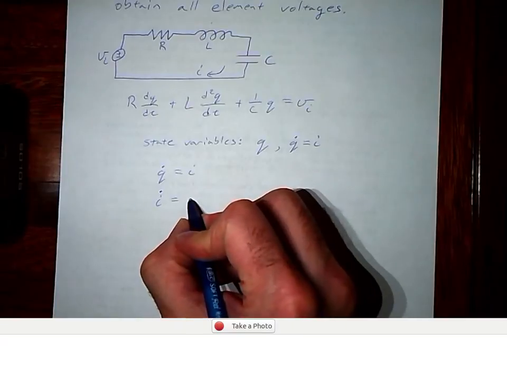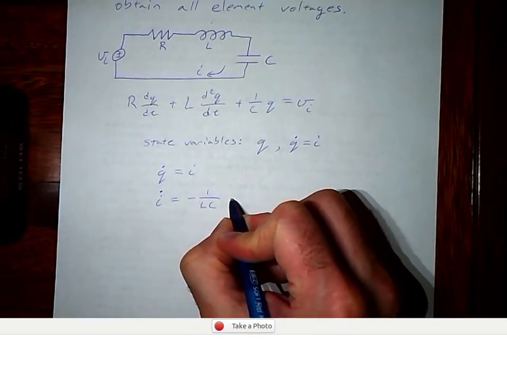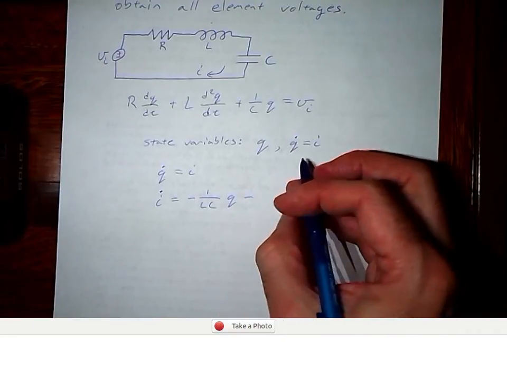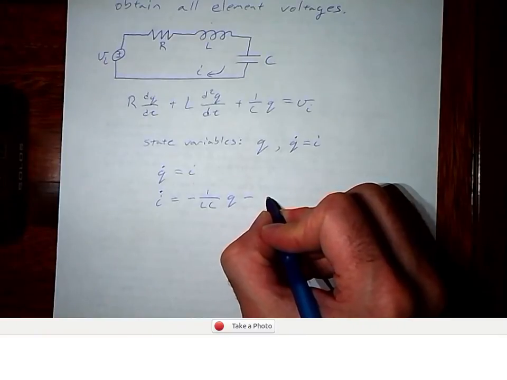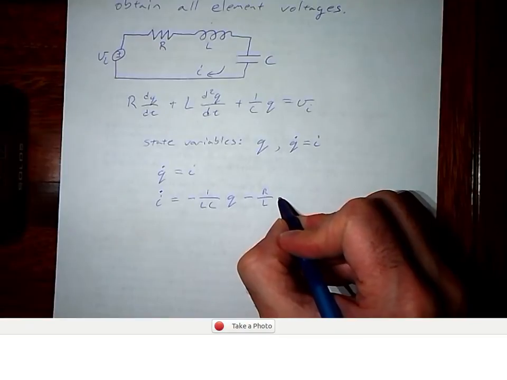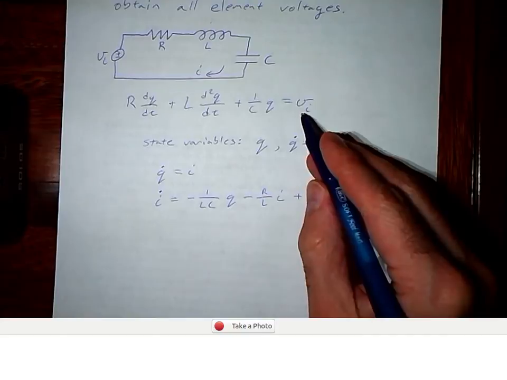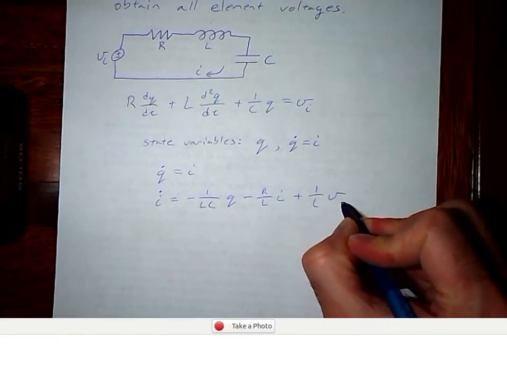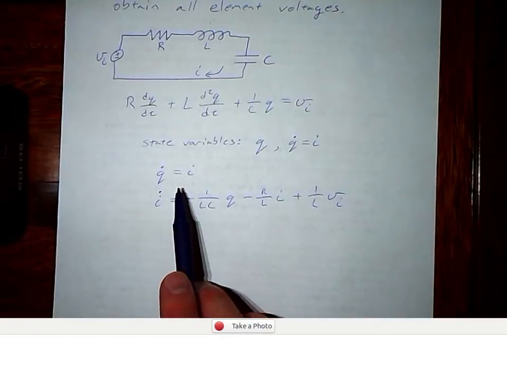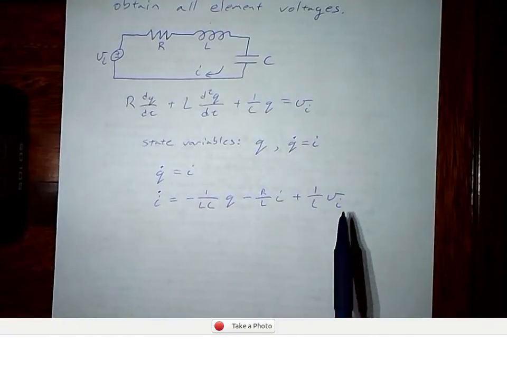We have negative 1 over LC times Q minus R over L times I plus 1 over L times VI. So now we have the derivative of our state vector in terms of the state variables and the input.